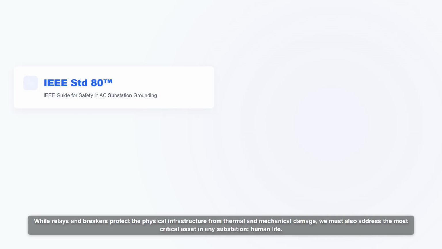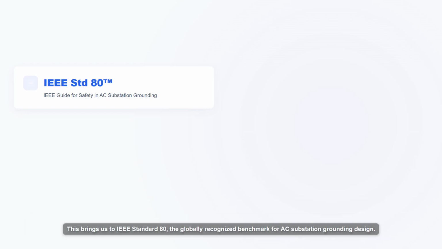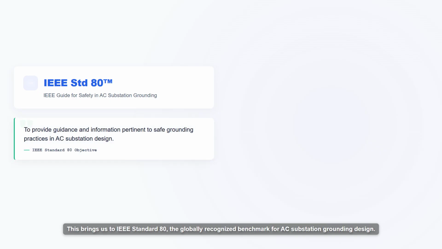While relays and breakers protect the physical infrastructure from thermal and mechanical damage, we must also address the most critical asset in any substation: human life. This brings us to IEEE Standard 80, the globally recognized benchmark for AC substation grounding design.